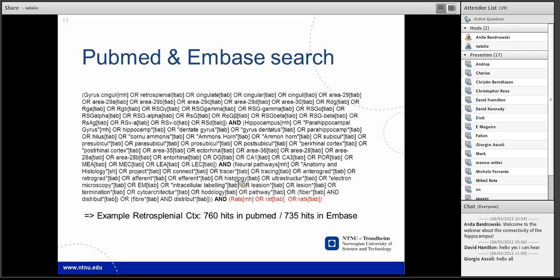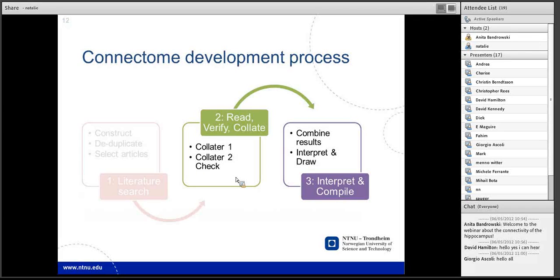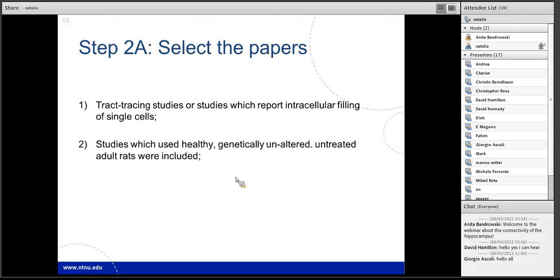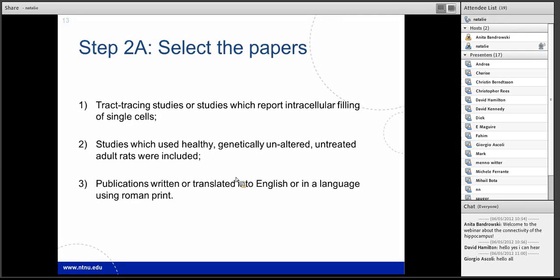We now move on to step 2. From the 800 papers we found, we first selected the papers of interest on the basis of 3 criteria. The papers must provide information on tracing or intracellular filling, use healthy, untreated and genetically unaltered rats, and citations must be written or translated into English or another language using Roman print.